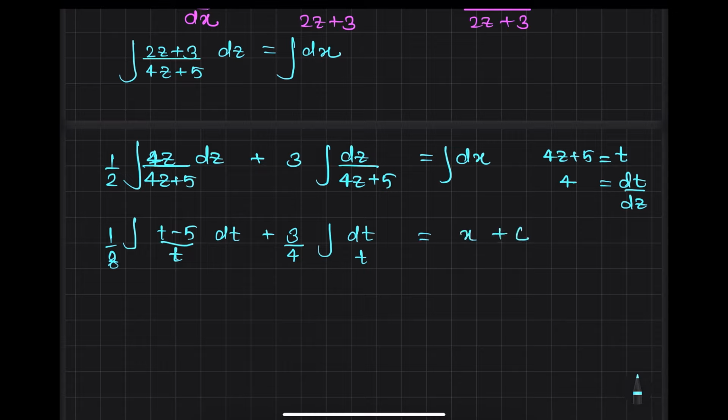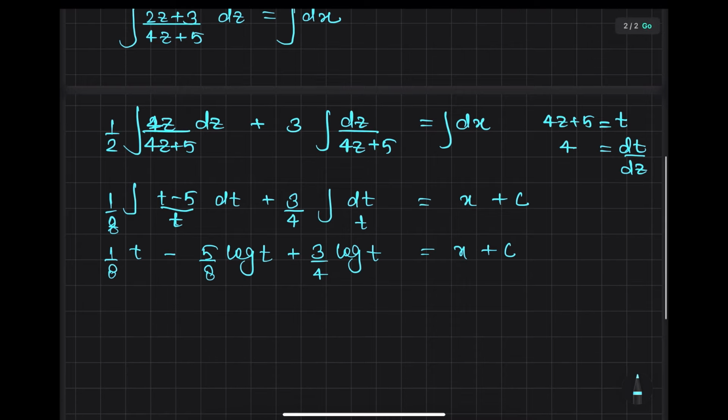Now look at this. Can I write 1 by 8? This t by t will become 1. So the integration of 1 will become t minus 5 by 8 log t, then 3 by 4 log t is equal to x plus c. Now you have to replace this t.